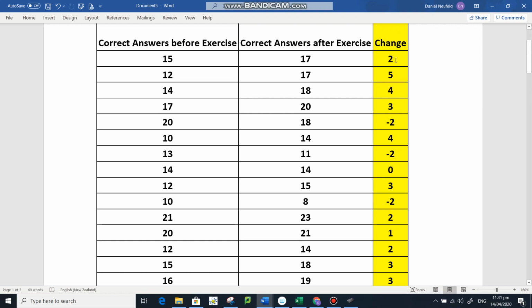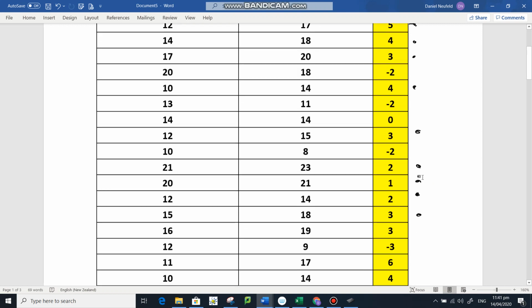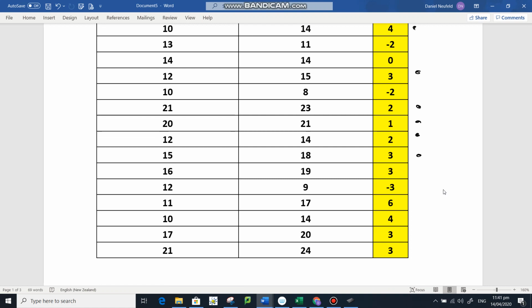So positive numbers 1, 2, 3, 4, 5, 1, 2, 3, 4, 6, 7, 8, 9, 10, 11, 12, 13, 14, 15. So 15 positive changes in this lot.